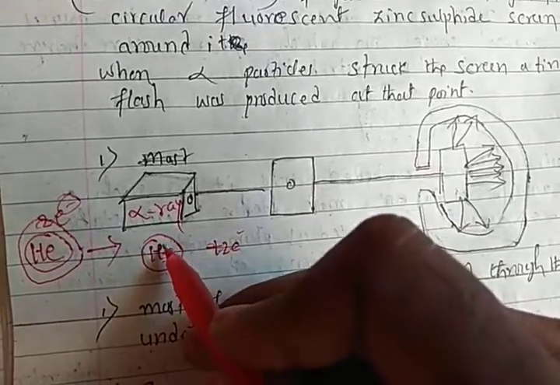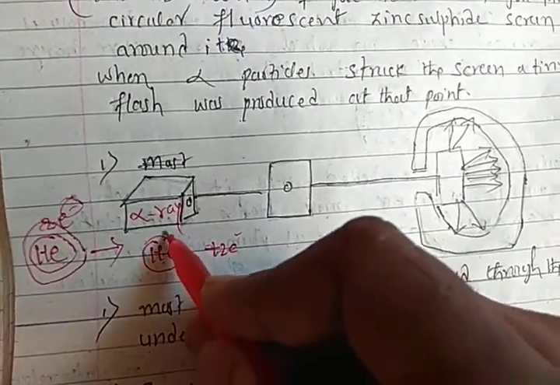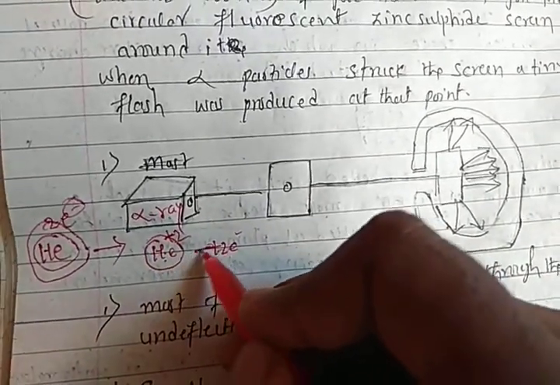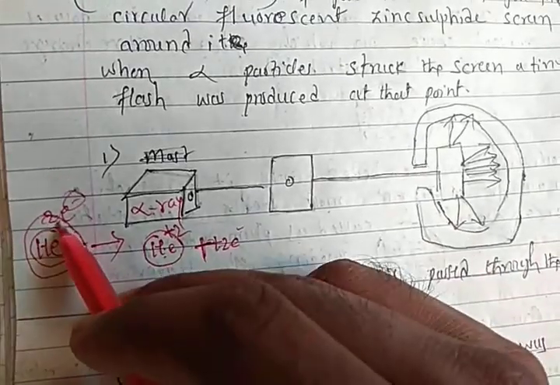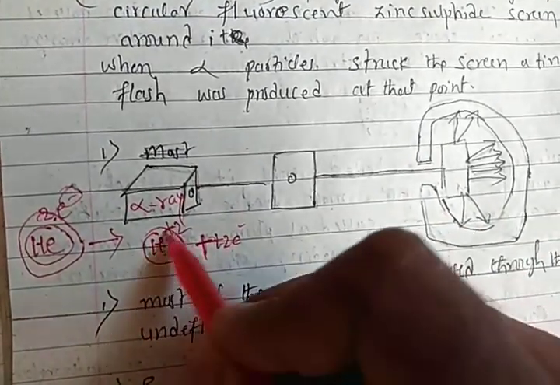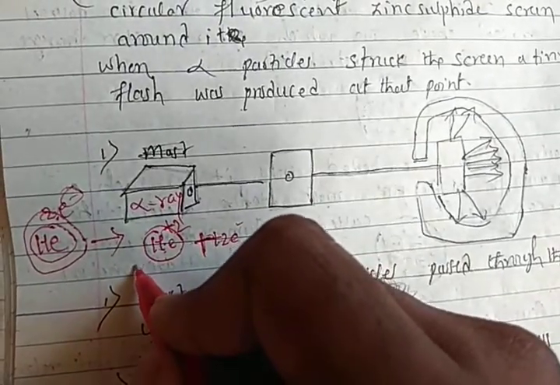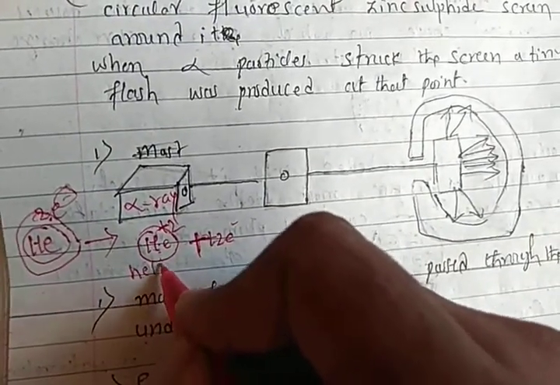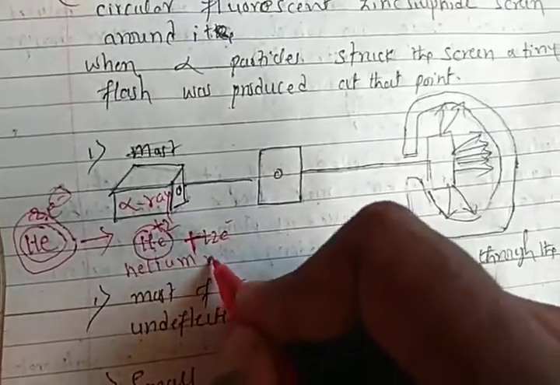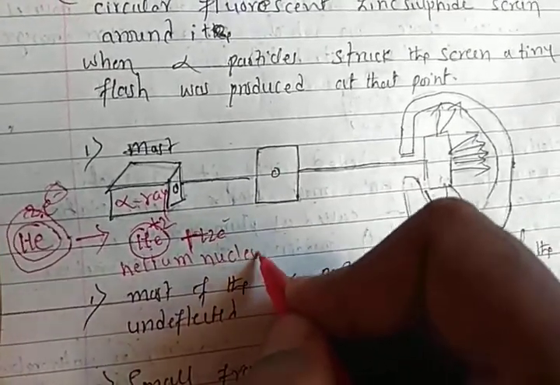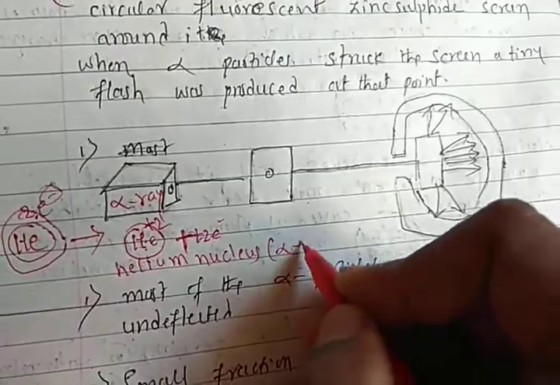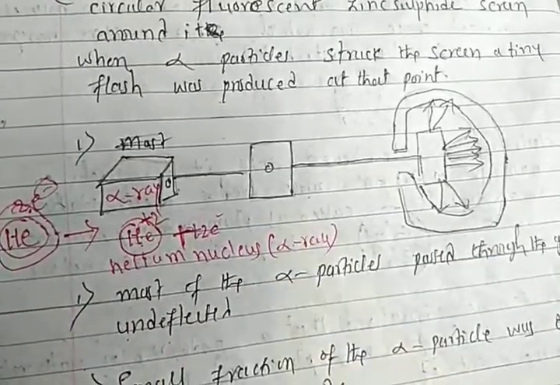So it is positively charged, helium plus 2. If you remove 2 electrons from the helium atom, it becomes a helium nucleus. This helium nucleus we call an alpha ray.